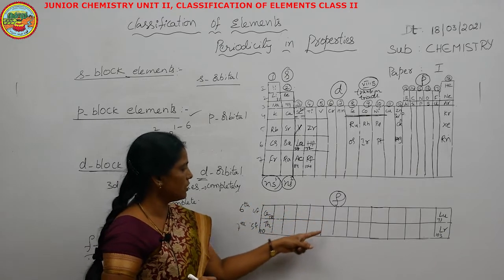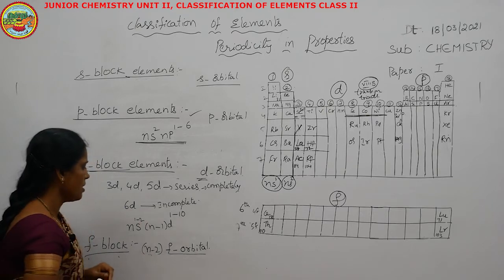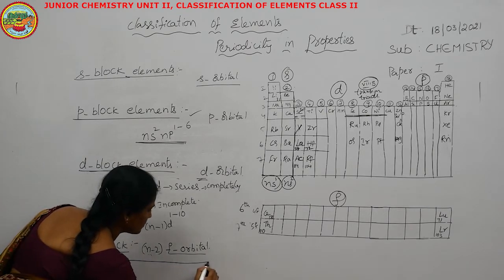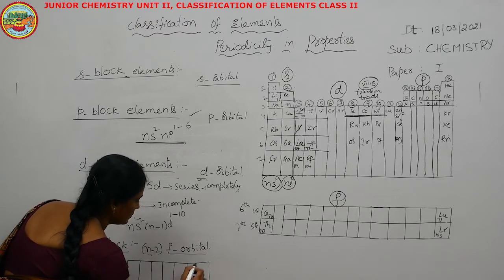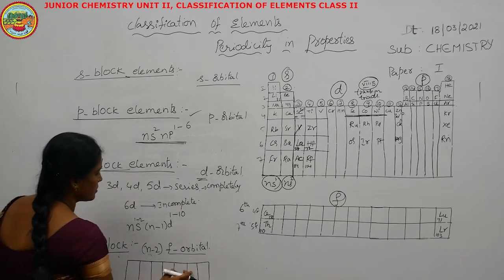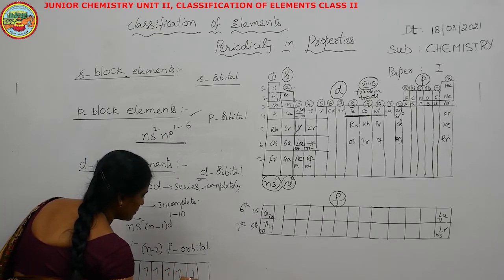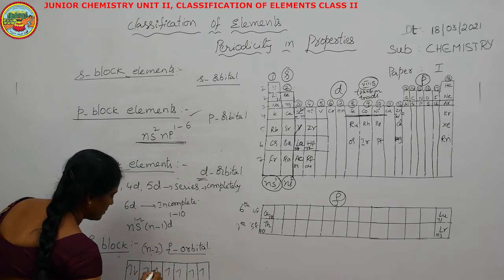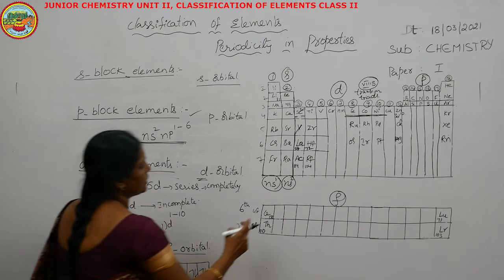It is placed at the bottom of the periodic table because the f orbital contains 7 orbitals, 14 electrons. So that's why it contains 14 groups.